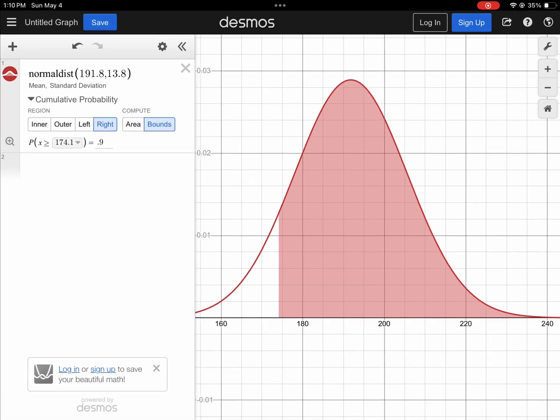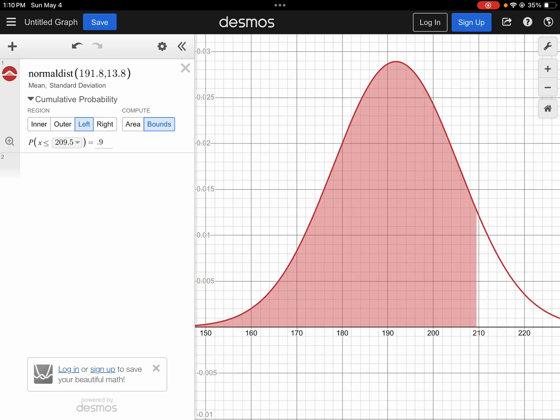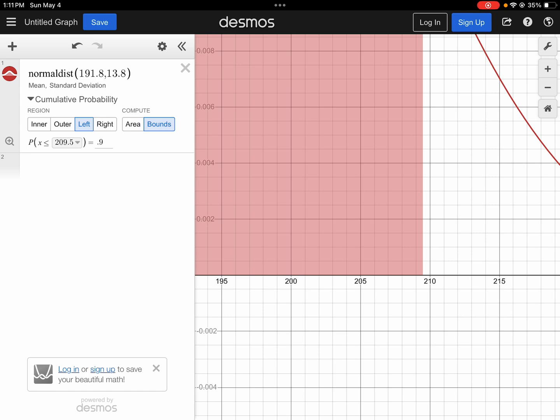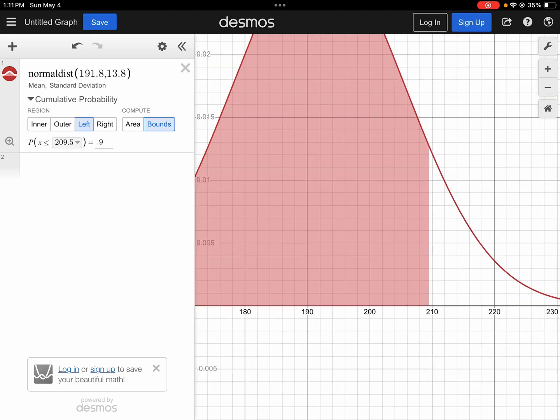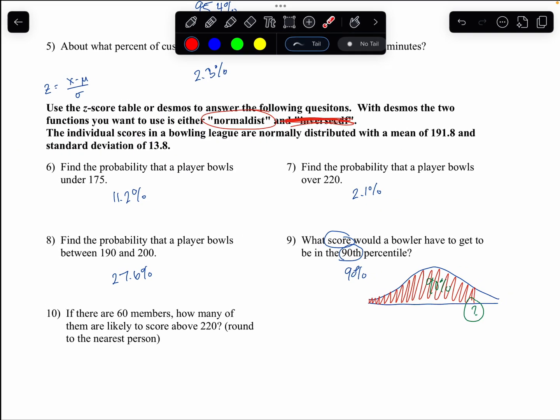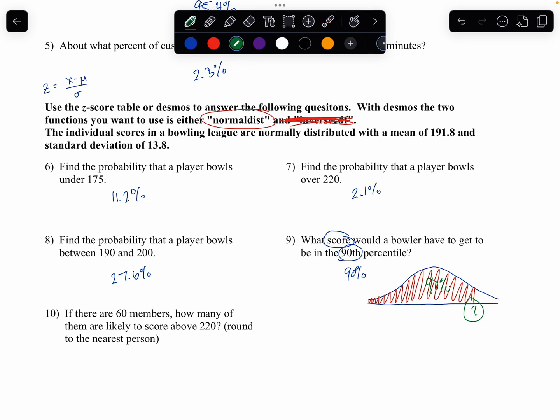And so in this case right here, we're going to say left. And so you can see how that lines up. We have 90% on the left, and what would be the score? According to here, on the left side where we typed in 0.9, it says the x value has to be less than 209.5. And so we'll just round that up and say 210. So you'd have to score 210 to be in the 90th percentile.